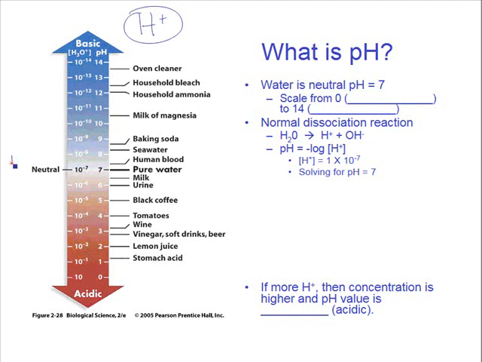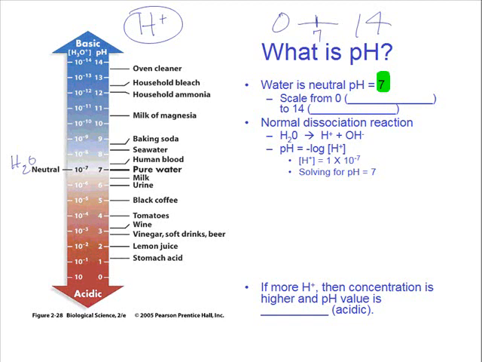If we look at water, H2O, water has what we call a neutral pH. If we have a scale of pH values, that scale runs from 0, which is absolute acid, all the way up to 14, which is absolute basic. Right in the middle at 7 is neutral, and that's what water is.